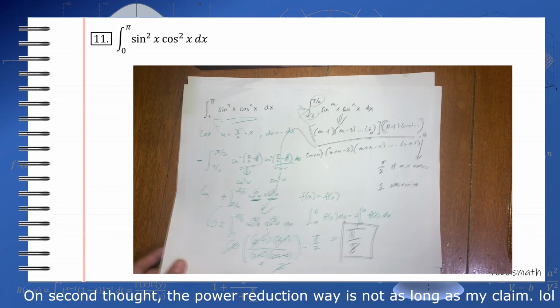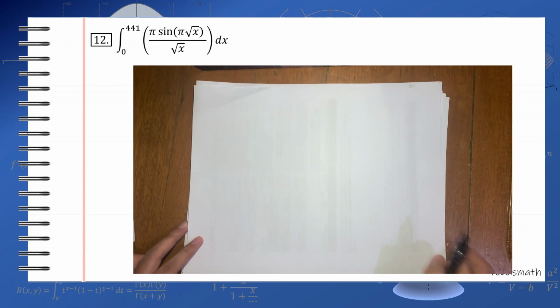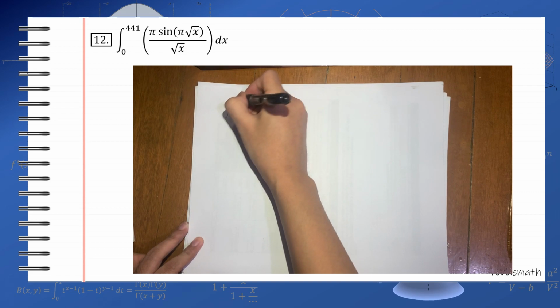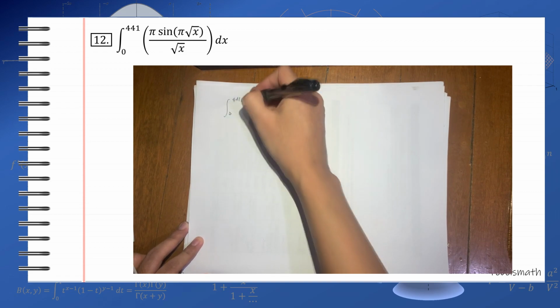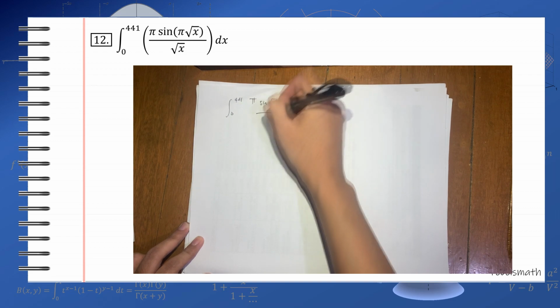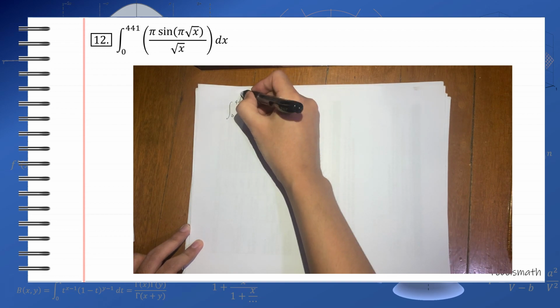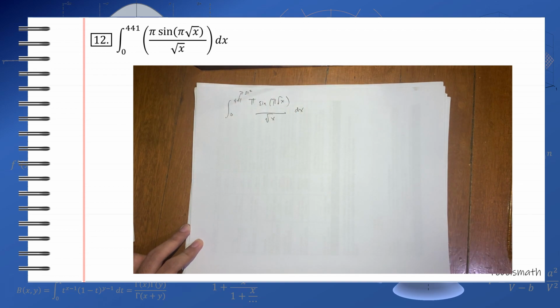So next, item number 12. We have to find the integral from 0 to 441 of pi sine of pi square root of x over square root of x dx. So 441 is just 21 squared.